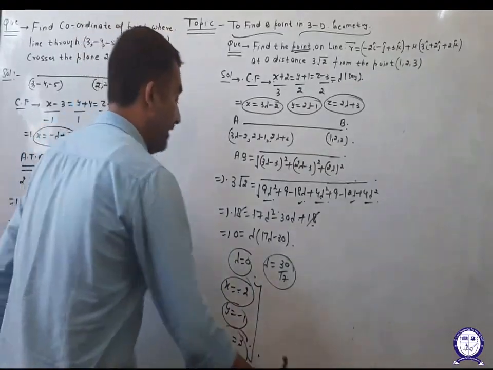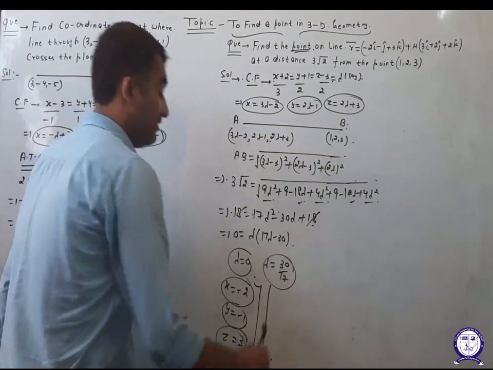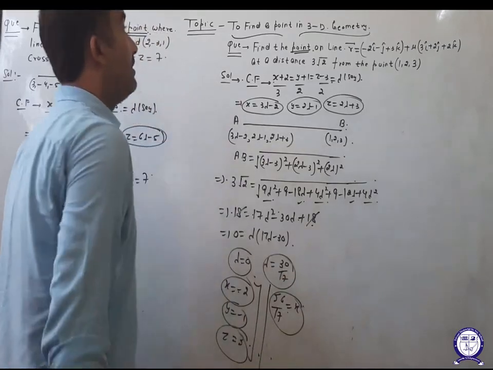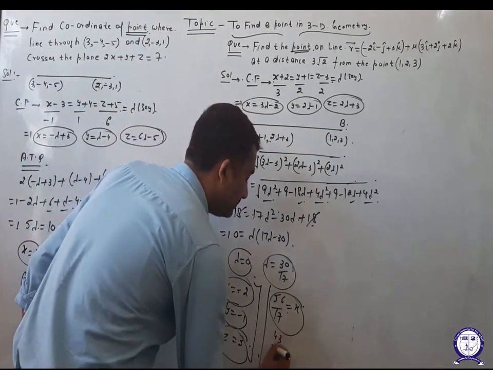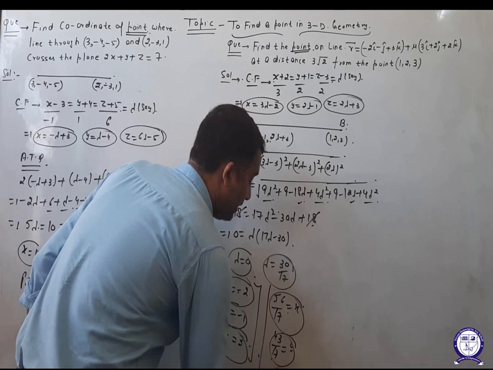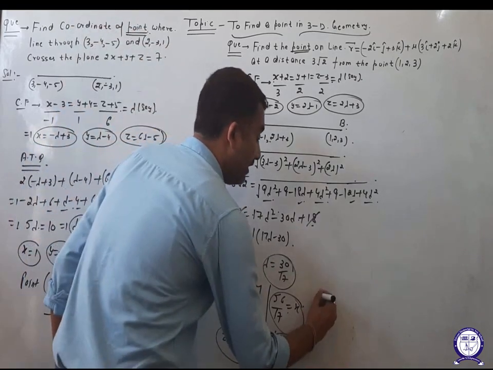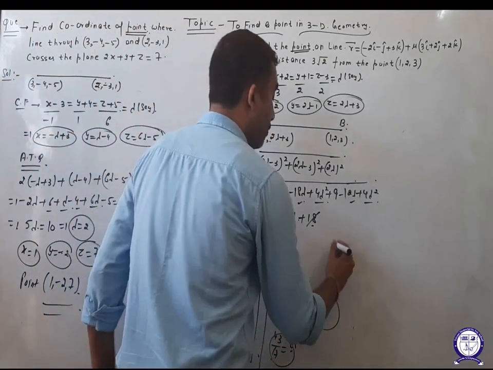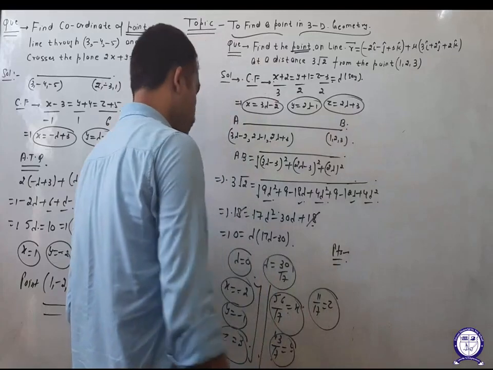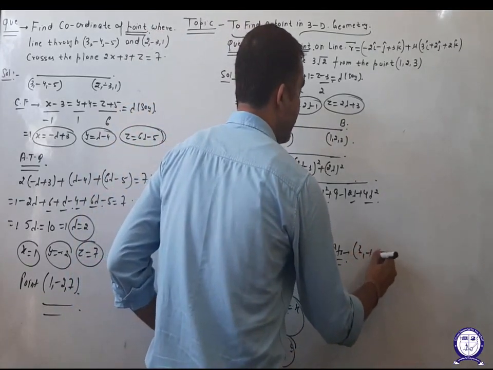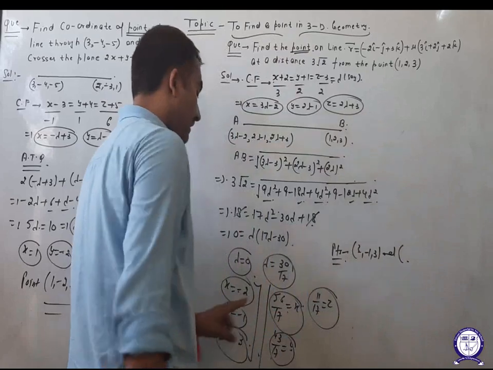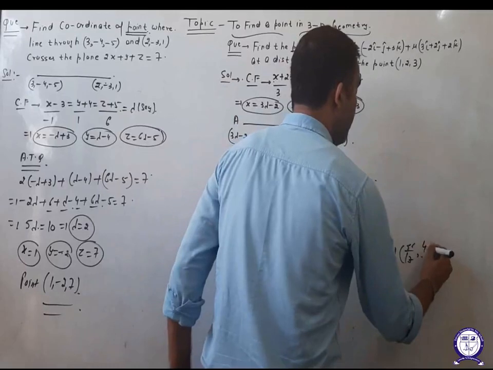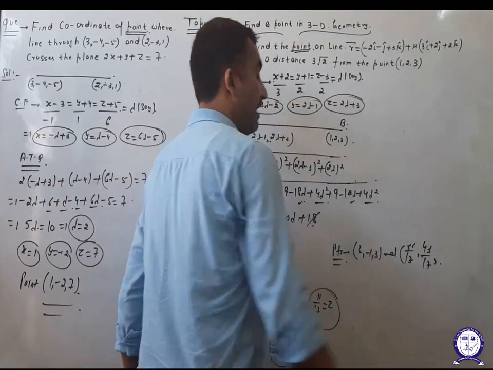We get our point: x is 56 by 17, y is equal to 43 by 17, and z is equal to 11 by 17. So we got both points with lambda's values: the point is minus 2 comma minus 1 comma 3, and the other is 56 by 17, 43 by 17, and 11 by 17.